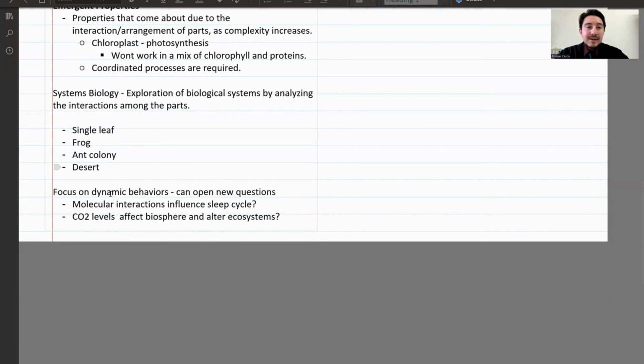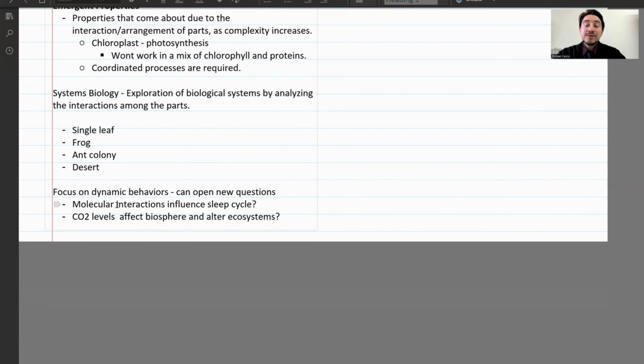Within systems biology, we're going to focus on dynamic behaviors, right? And dynamic behaviors tend to open up more questions, right? Molecular interactions or your whole metabolic machinery, how does it influence the sleep cycle of a person?